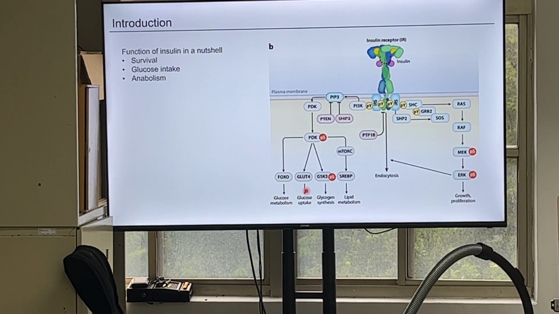You put a vesicle on the membrane, because GLUT4 here is a glucose transporter.